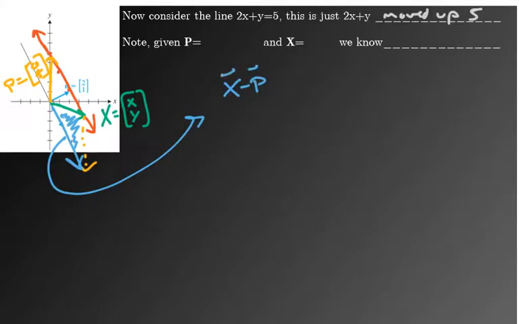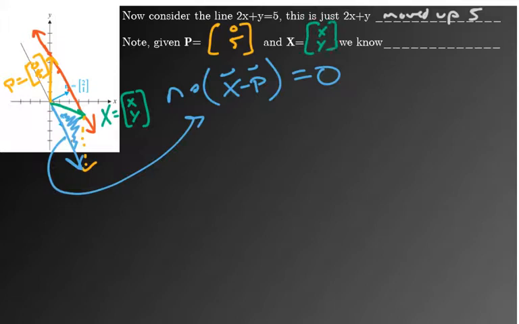And that vector, if you dot it with the normal, it should be, so let me fill in some of these blanks. So this was (0, 5), this was (x, y), and we know that x minus p is still going to be perpendicular to the normal, just based on the geometry in the picture.